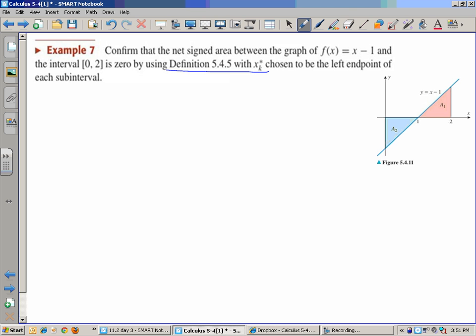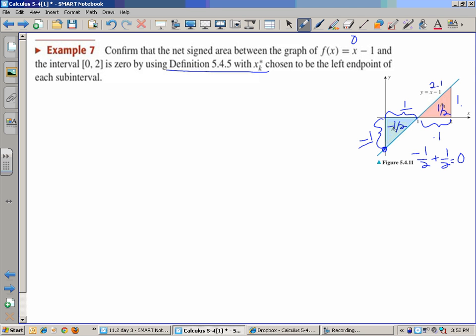If I plug in 0, I get a negative 1, so that triangle has area negative 1/2, base times height divided by 2. If I plug in 2, I get a height of 1, so that triangle has area 1/2. Negative 1/2 plus 1/2 equals 0.